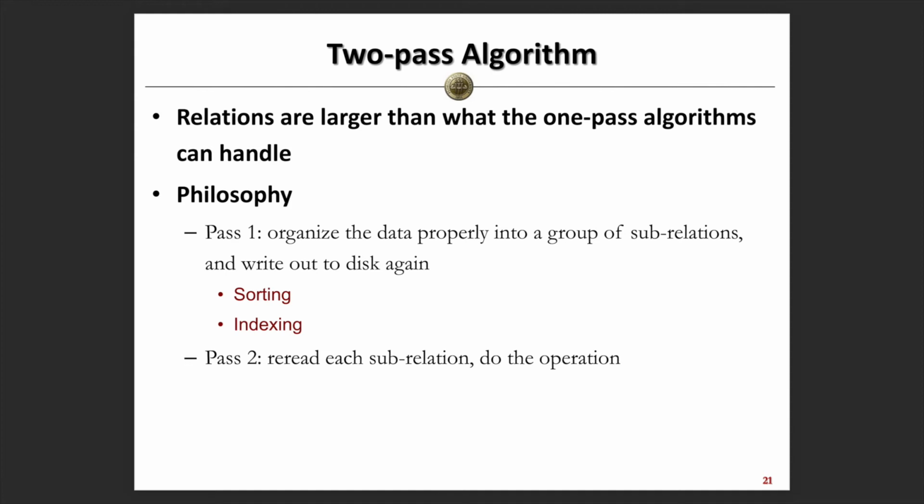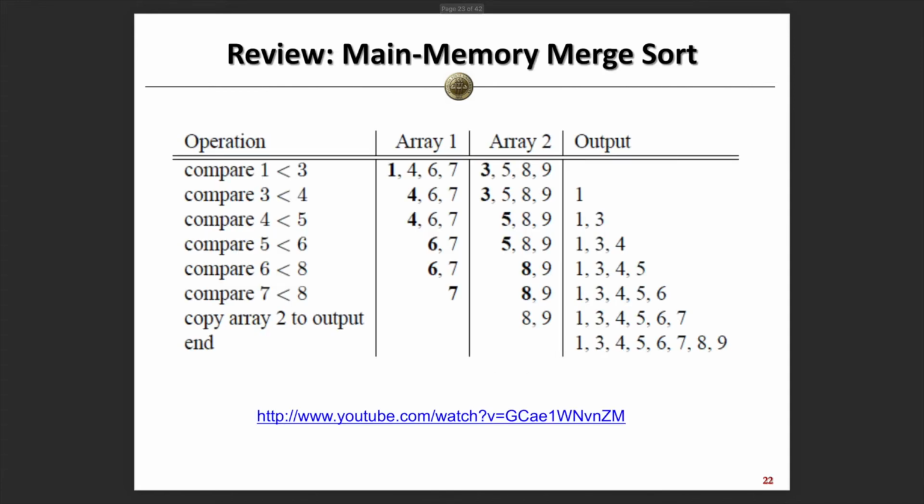Next, we will use one concrete example to show how to use this two-pass algorithm to implement operators in database systems. The example we are studying here is merge sort. I hope you still remember merge sort. Merge sort is given two arrays which are already sorted, and the target is to merge these two arrays into a sorted list of numbers. On this page, we show an example.